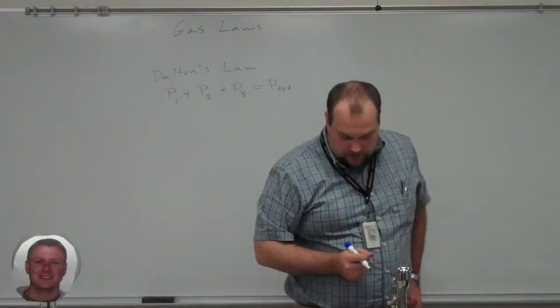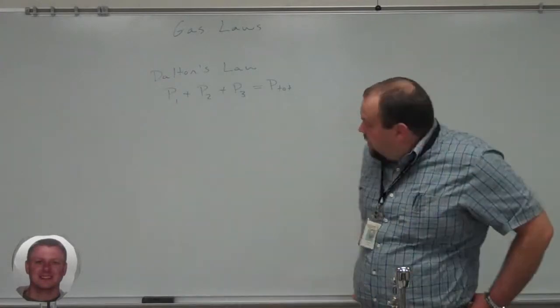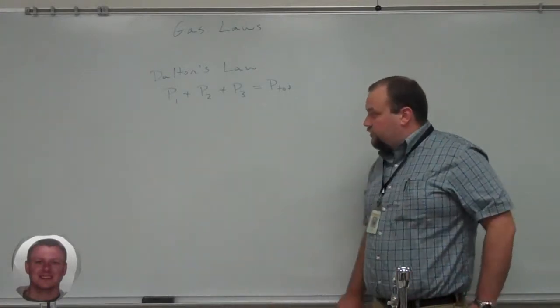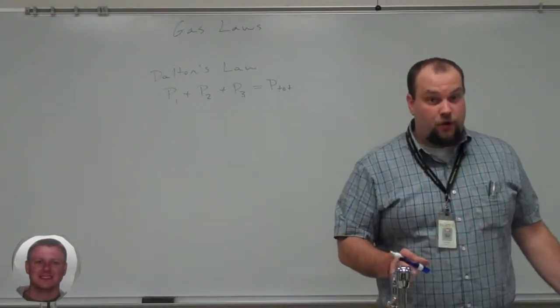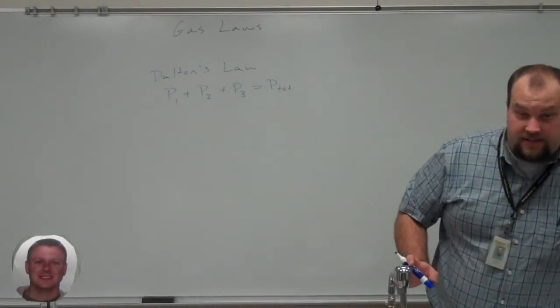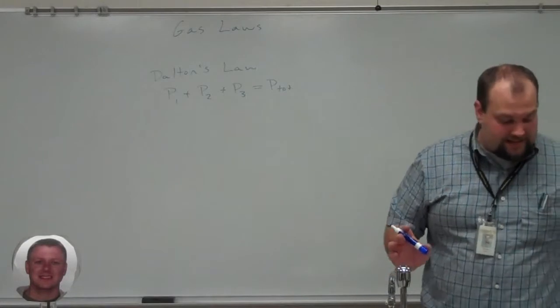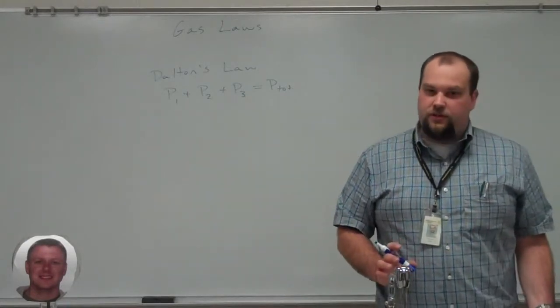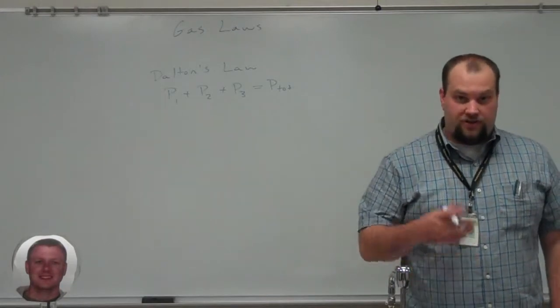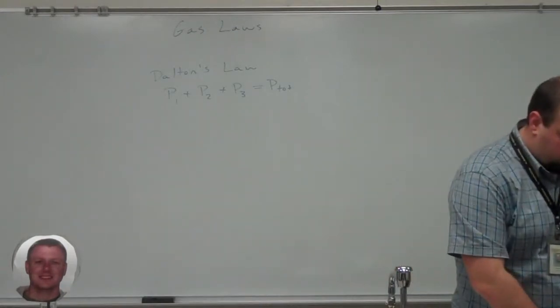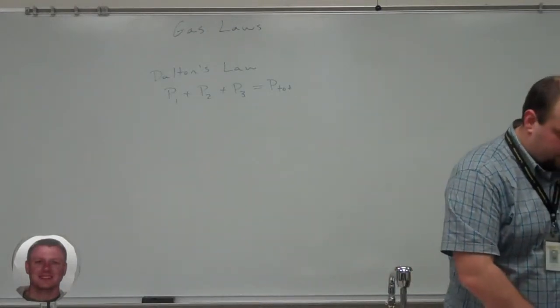Dalton's law of partial pressure says that the pressure of container 1 plus the pressure of container 2 plus the pressure of container 3 equals my total pressure. All right, now that may seem like a very simple concept, but we can also think of it in terms of moles, right? Because let's say all of my volumes and temperatures are the same, then it would also affect the moles of a gas.